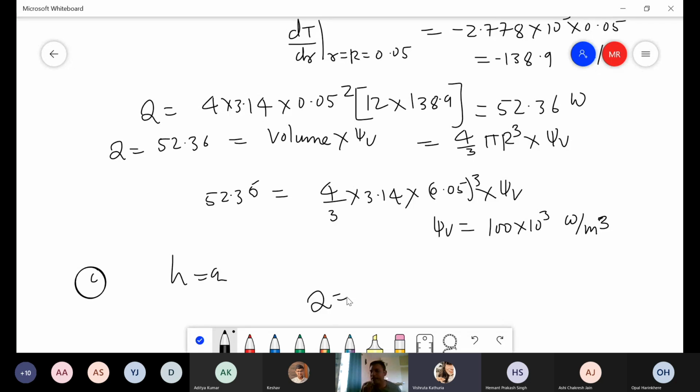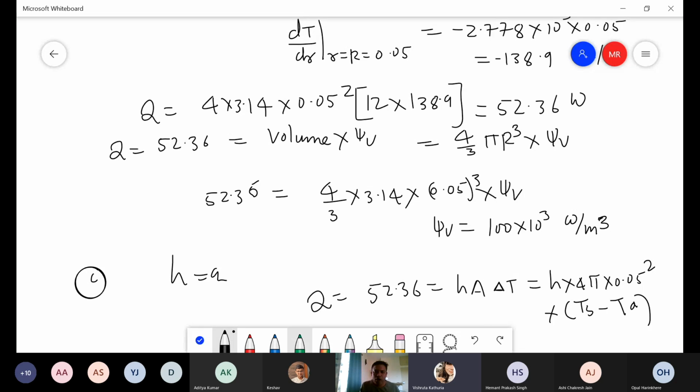So Q, which is the heat dissipated outside, should be the same as what we have already calculated, equal to hA delta T. Here h we have to calculate. Area for the sphere we can directly calculate as 4 pi into 0.05 square. Delta T in this case is T at the surface of the sphere minus T ambient.